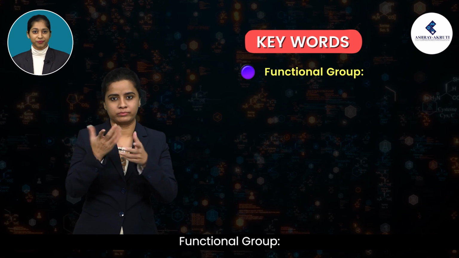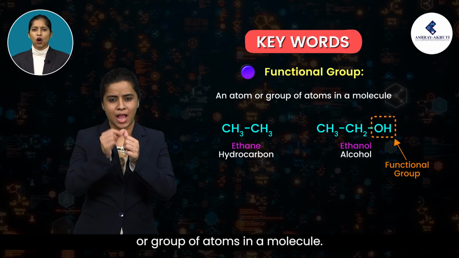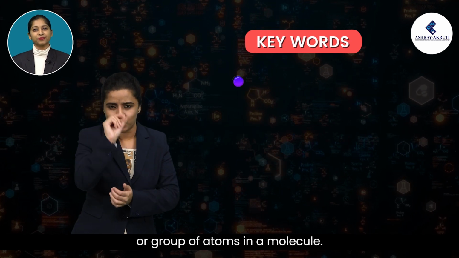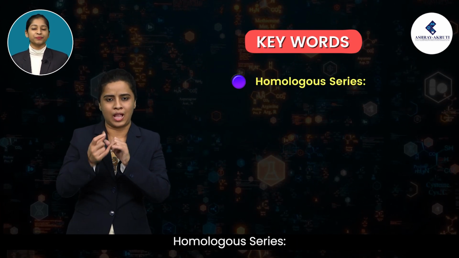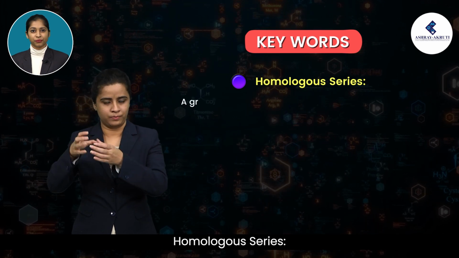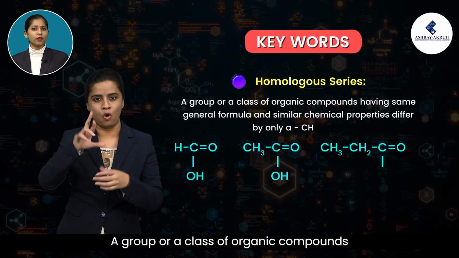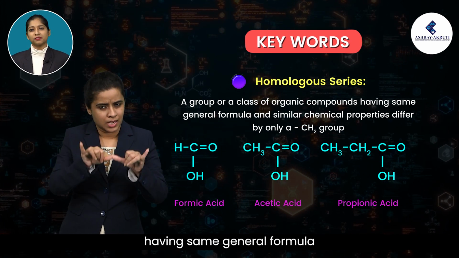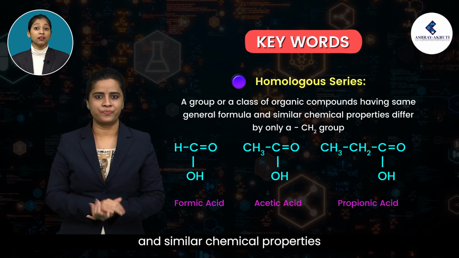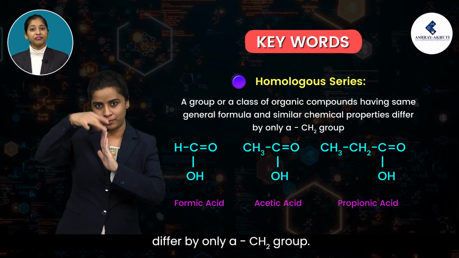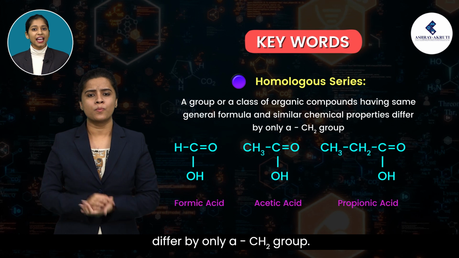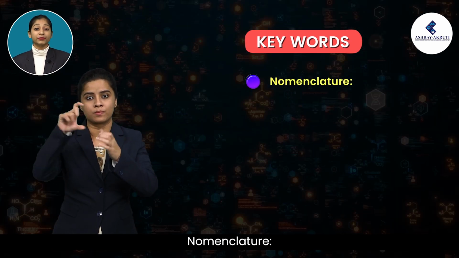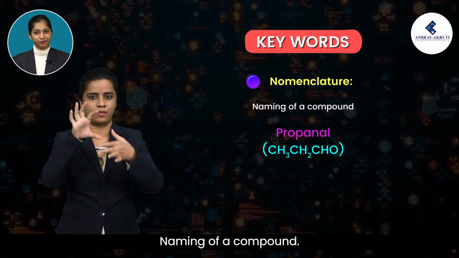Functional group: an atom or group of atoms in a molecule. Homologous series: a group or a class of organic compounds having same general formula and similar chemical properties, differing by only a CH2 group. Nomenclature: naming of a compound.